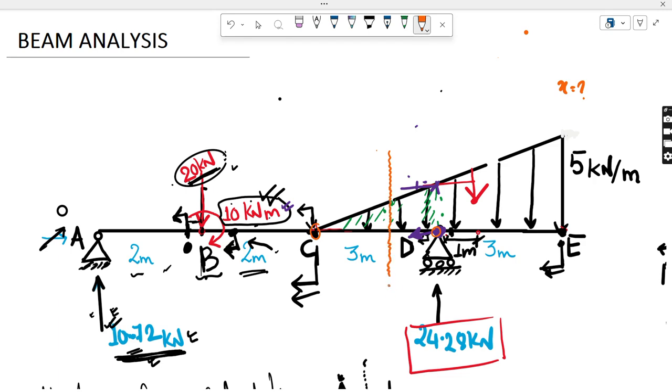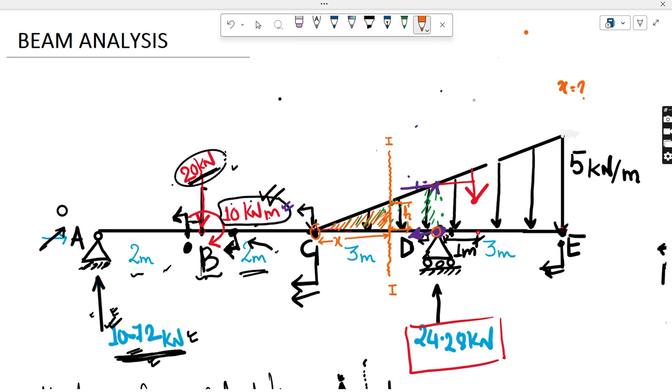I call it section 1-1. This is at a distance of x meter from C. This section has made a triangle of itself. Look at this triangle. But I don't know this value. I have to first find this h value, like we did earlier. This h value, I don't know how much it is.